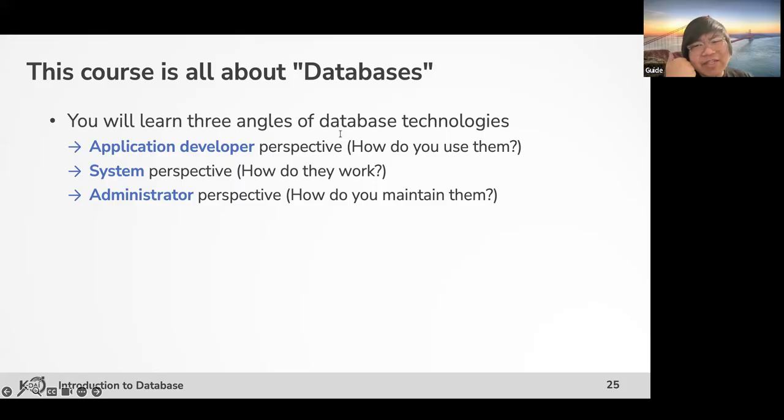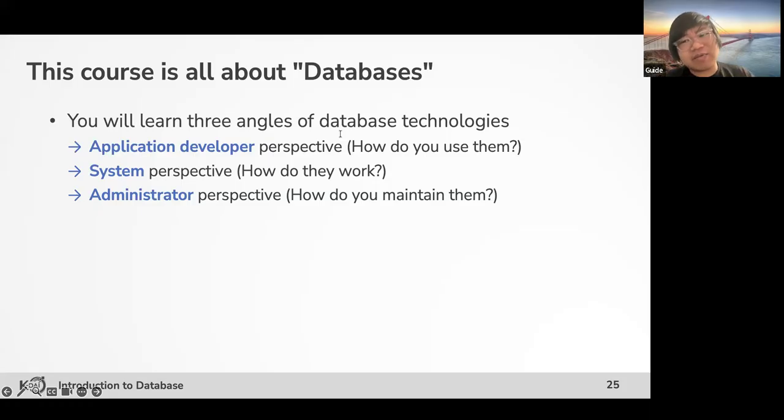The reason we teach that is because in Thailand, most of the database positions are administrators, and administration is an important task that you still need to do, even if you are an application developer.